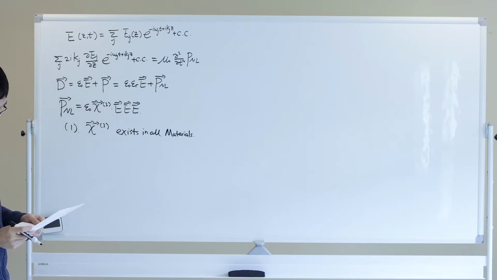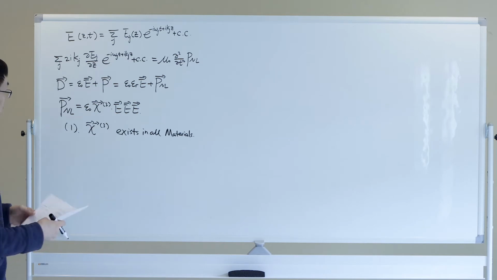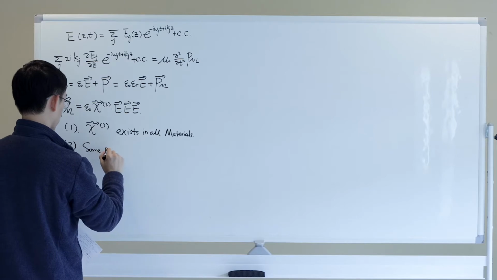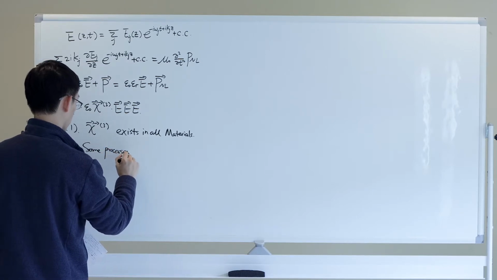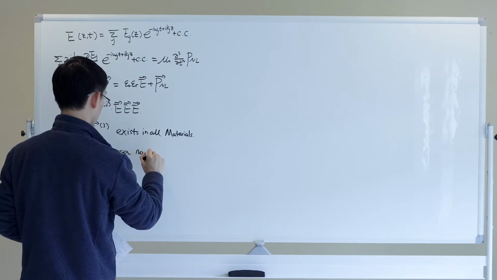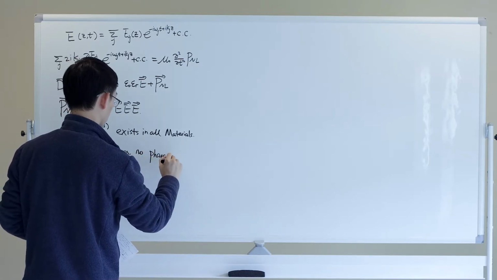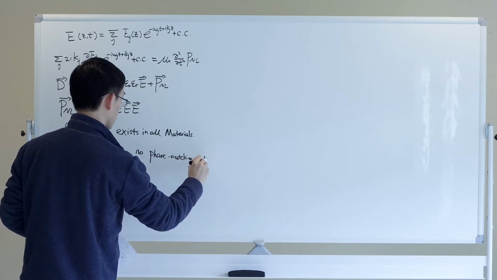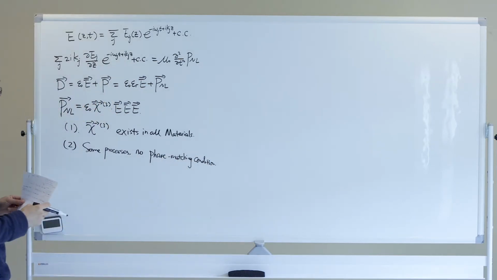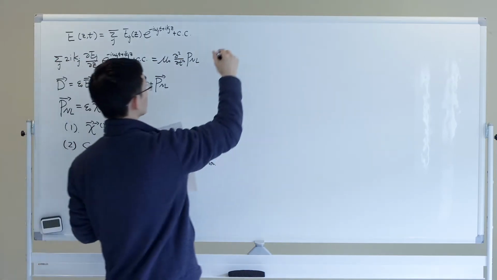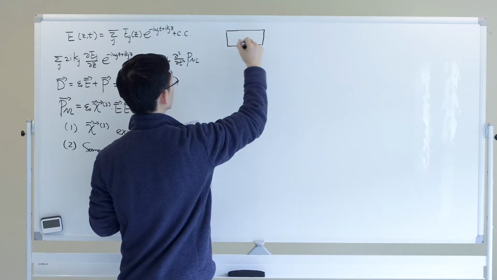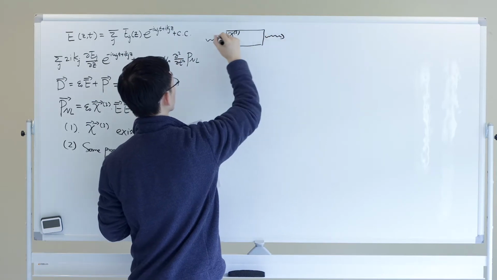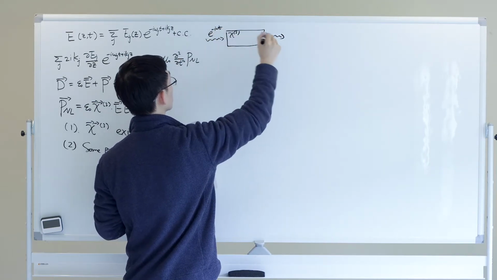Okay, and the second thing is that for certain chi3 processes, there's no phase matching condition. And then we gave one specific example. That example is if you only have one input to your nonlinear material, and you only consider one output at omega frequency.